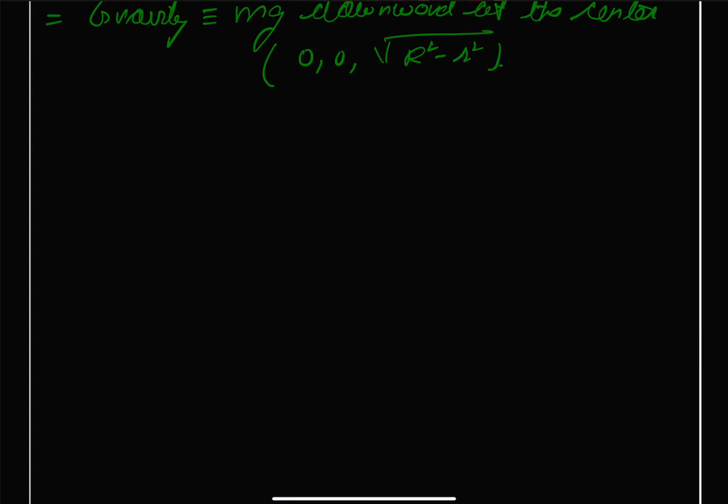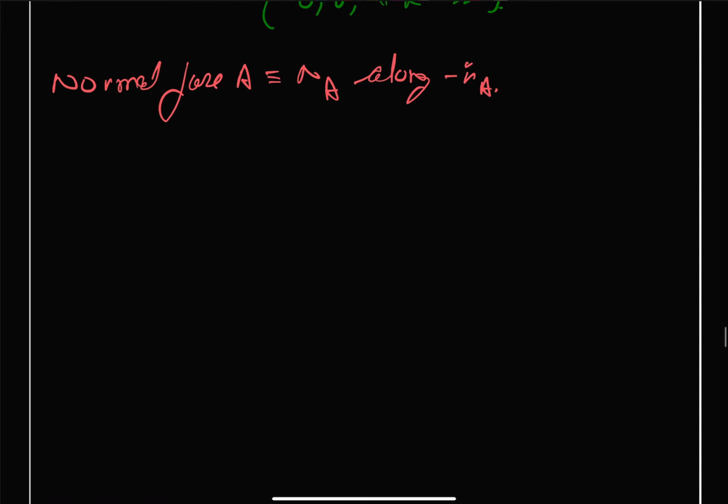And we are going to have normal force A, which is our NA, along minus n unit vector A. And the third force is our normal force B, which is our NB, and it will be along our n unit vector B.